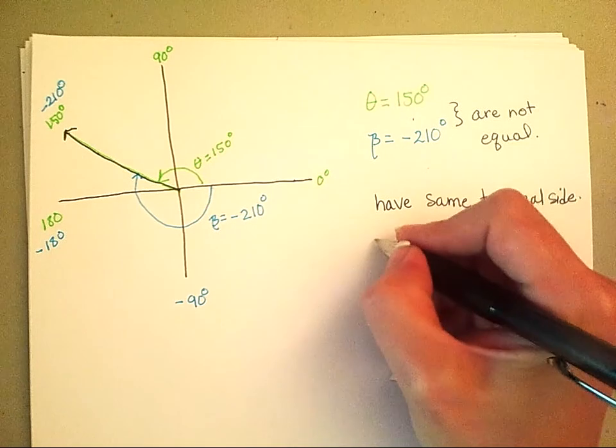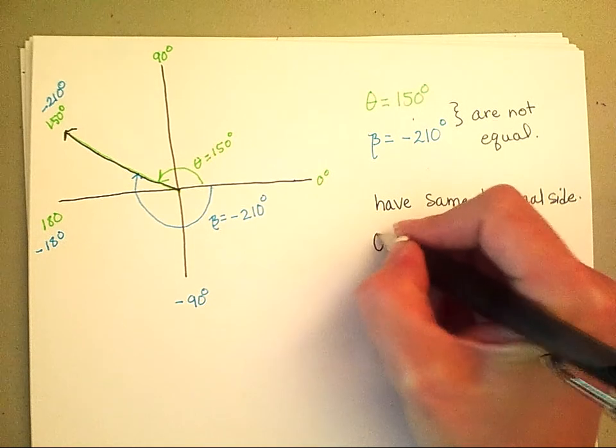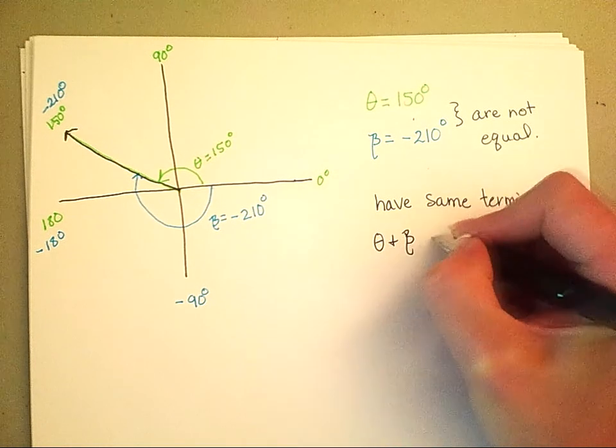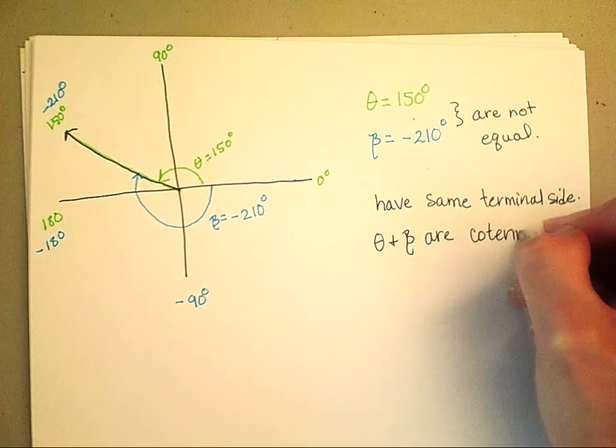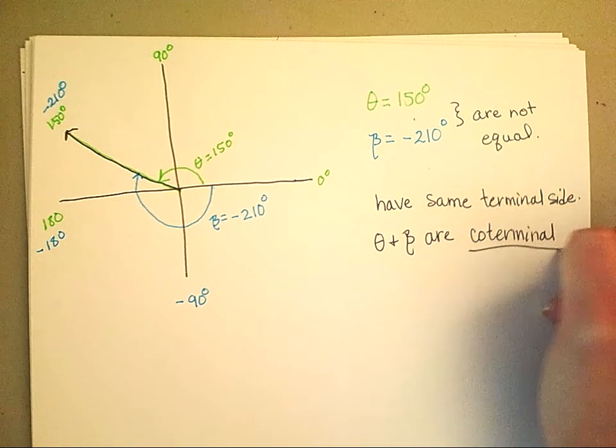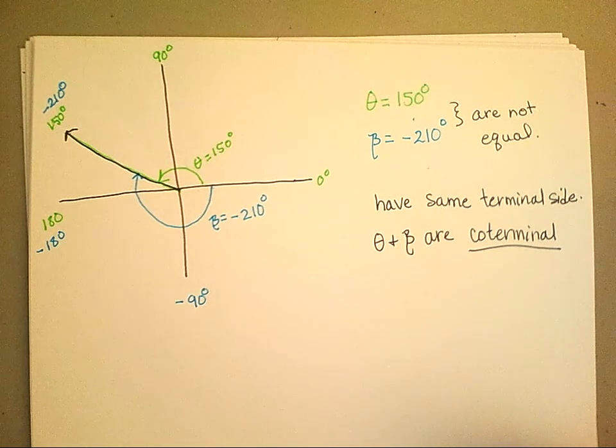And there's a word for that, and that means theta and beta are, the word is coterminal. That is, that they end in the same space.